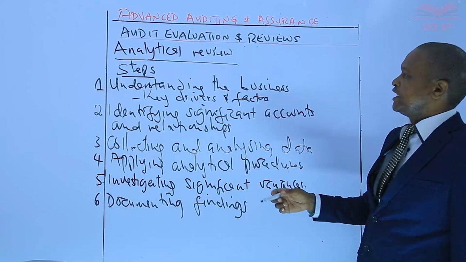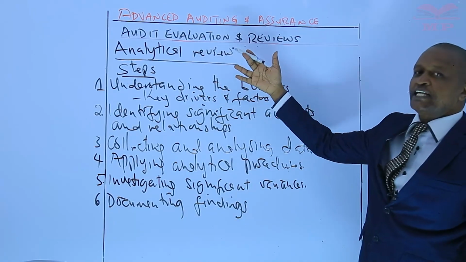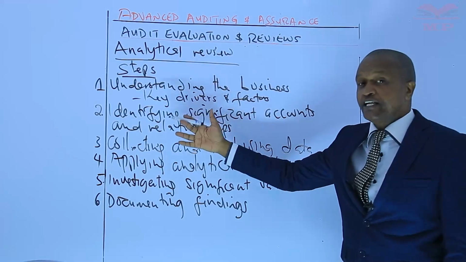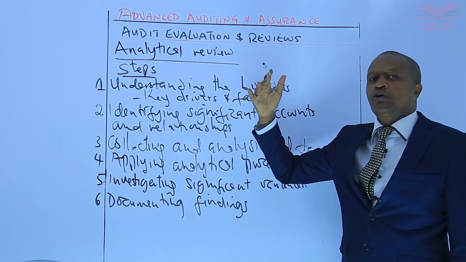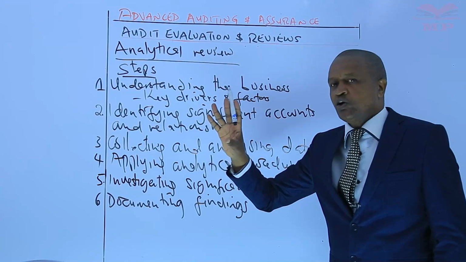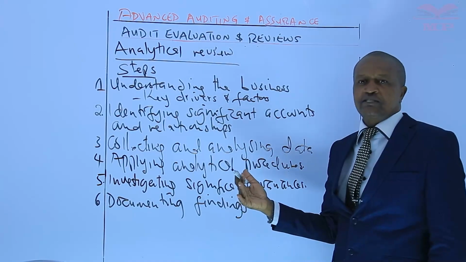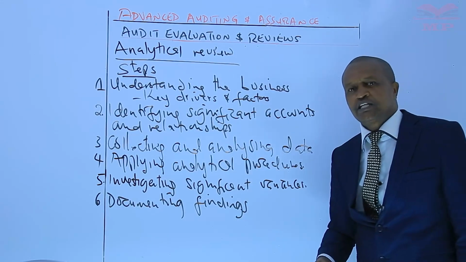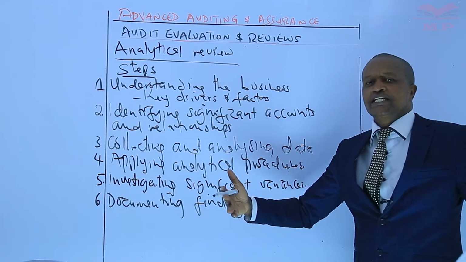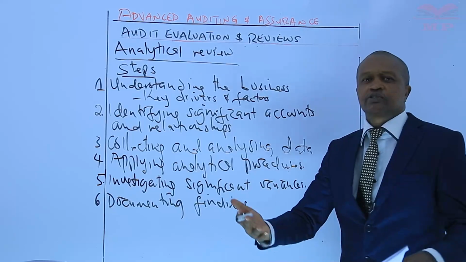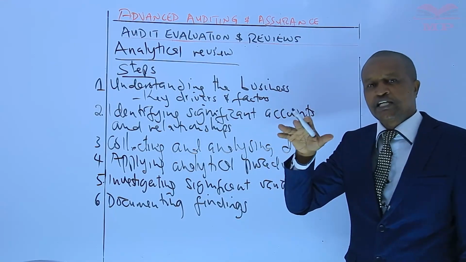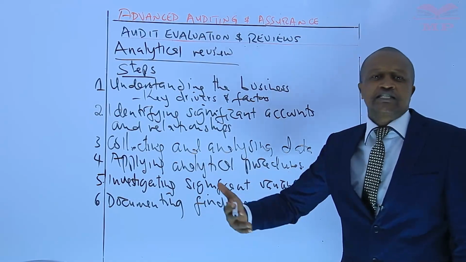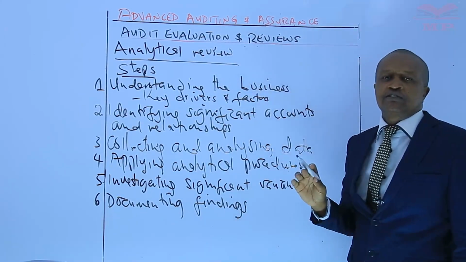Because candidates, the objective of analytical review is to identify areas of potential risk or material misstatements in the financial statements, and it helps the auditor in assessing the overall reasonableness of the financial information and also assists in determining the nature, the timing, and extent of further audit procedures.